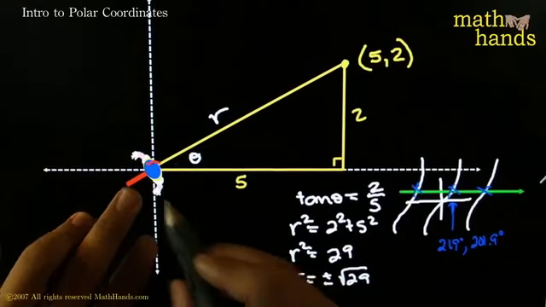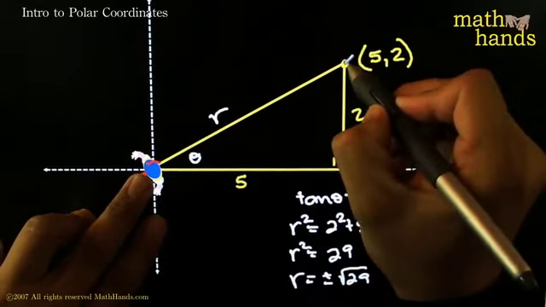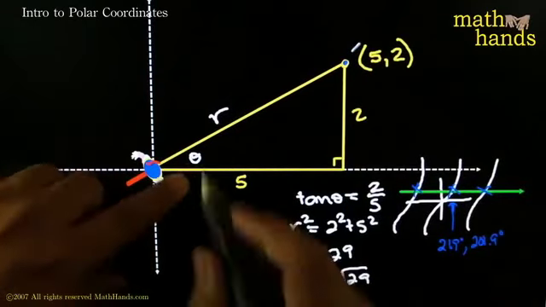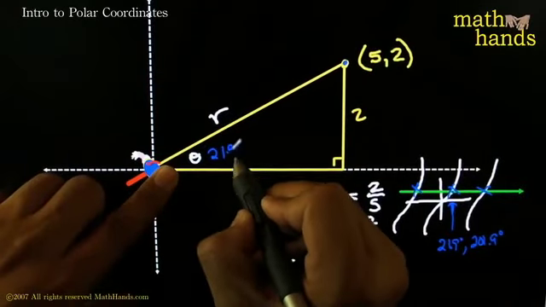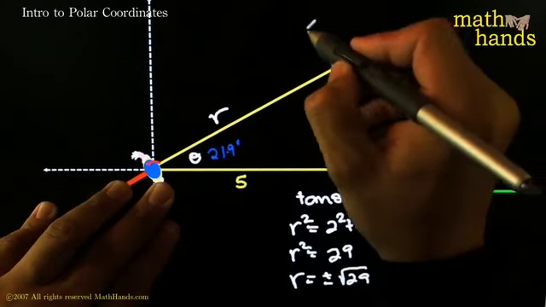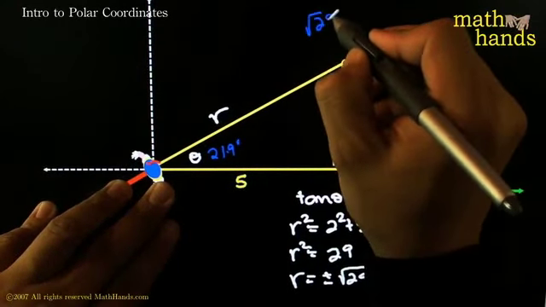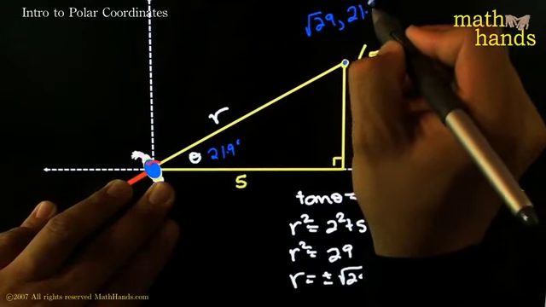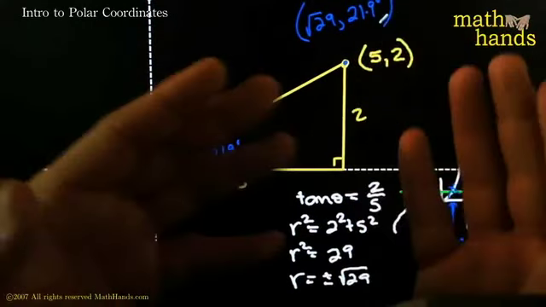So here's the conclusion. You know this is 21.9 degrees, so you could call this point square root of 29, comma, 21.9 degrees, and that would be perfectly reasonable.